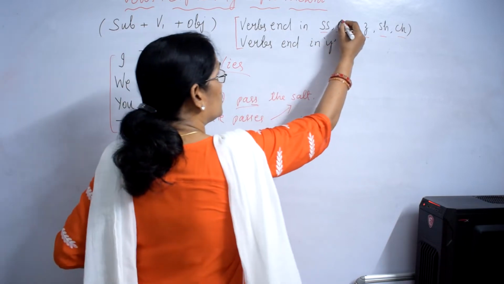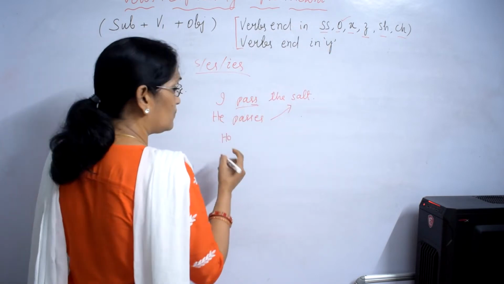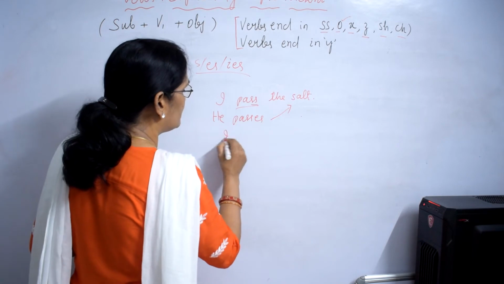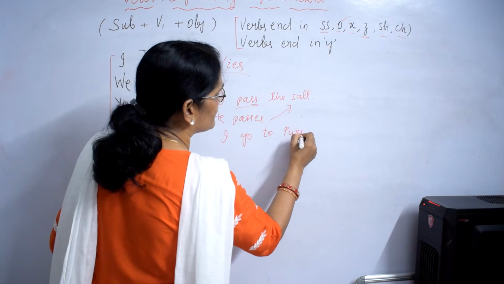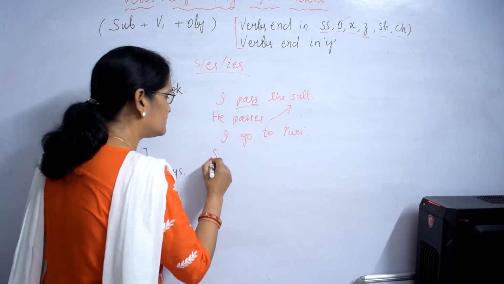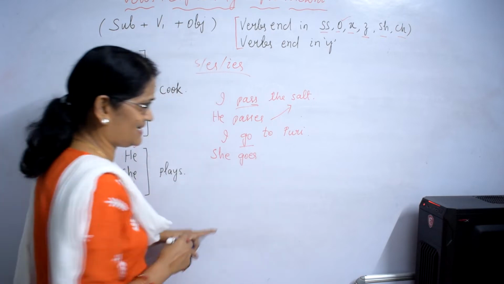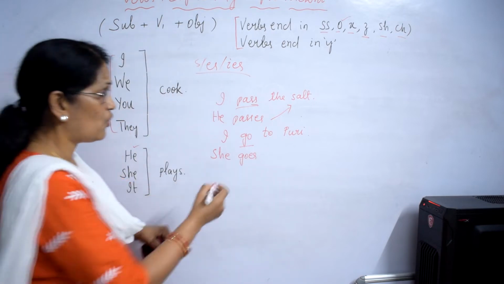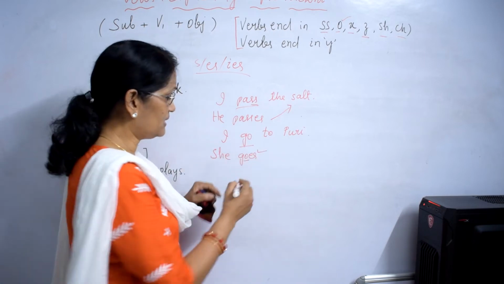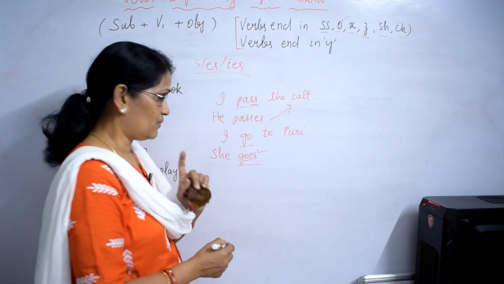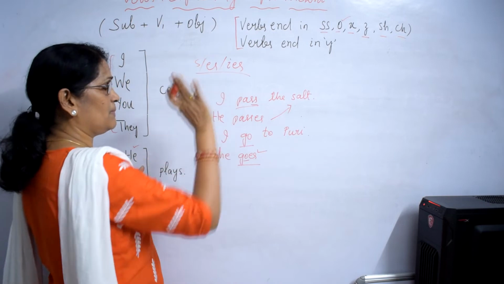The same way, go. I go to Puri. She will be what? Go will be goes. Es added. If the verb ends in o with the third person singular subject, we add es, only for simple present.